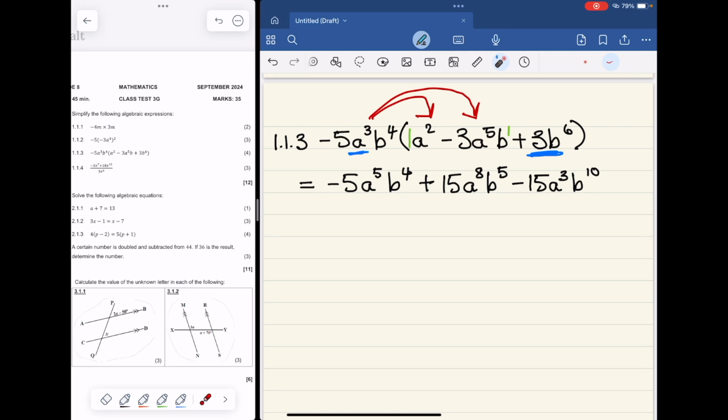Now at this point, the most painful thing that I experience while marking stuff like this is that after you've written down all of this, you go ahead and do the silly thing of adding all the stuff up and getting one answer here, which is completely incorrect.